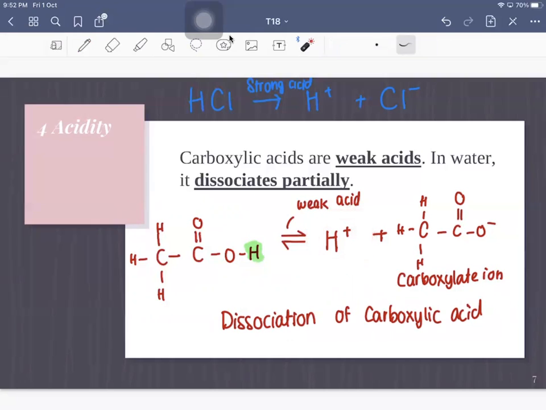So just remember, when carboxylic acids are behaving as an acid, the hydrogen on the OH is being released into the solution as H plus. So you are left with the rest of the molecule, but as an anion. And we call that a carboxylate ion. But specifically, this is an ethanoate ion because there are two carbons.